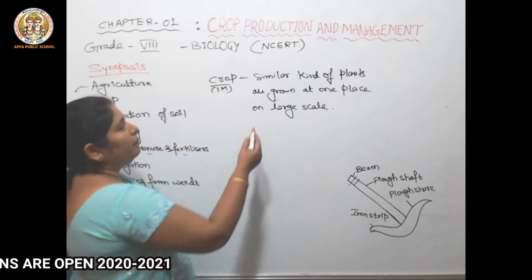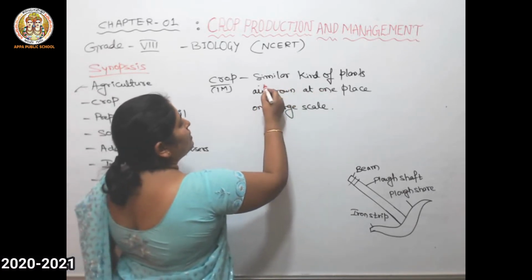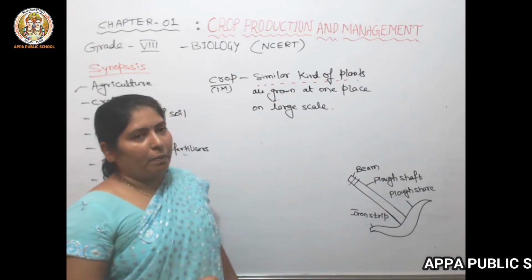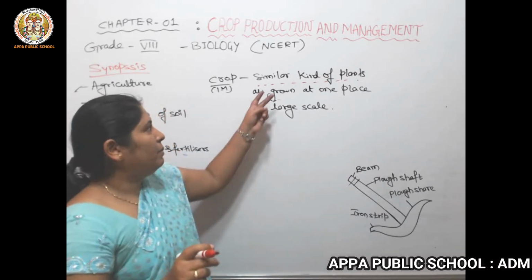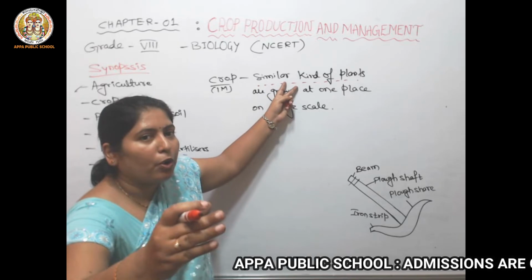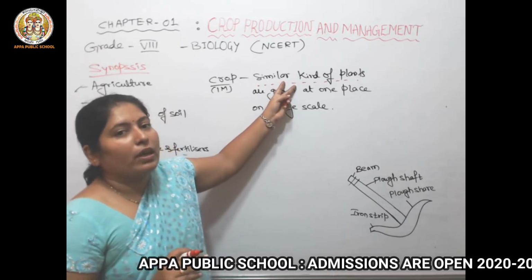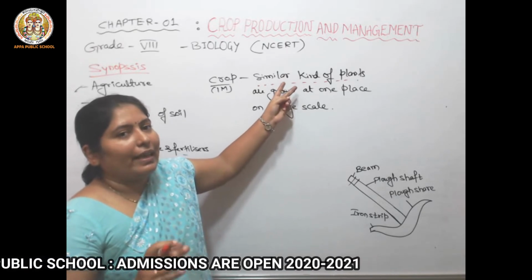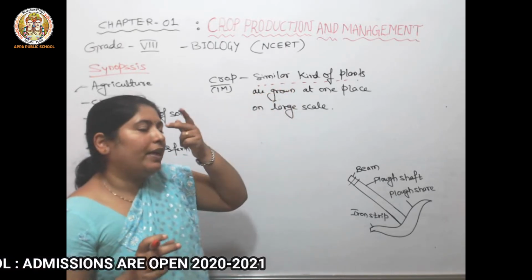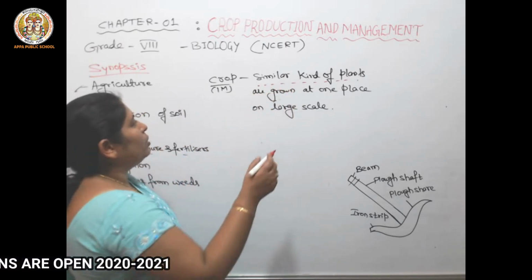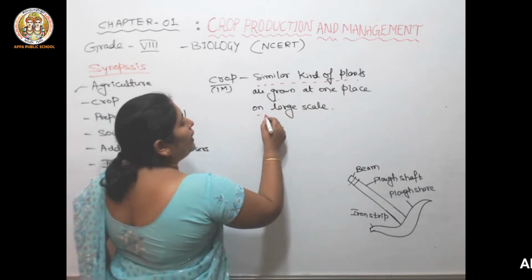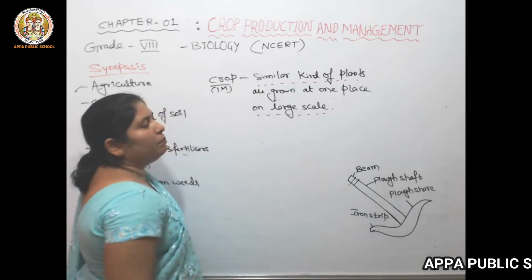So remember here, similar kind of plants. This is a very important point. You can't just write that plants are grown at one place. Here, similar plants. Similar means all the plantlets you are growing may be wheat plants only, or maize plants only, or paddy plants. Any one particular crop plant you can name here. Okay. So, similar kind of plants grown at one place on a large scale is also very important.